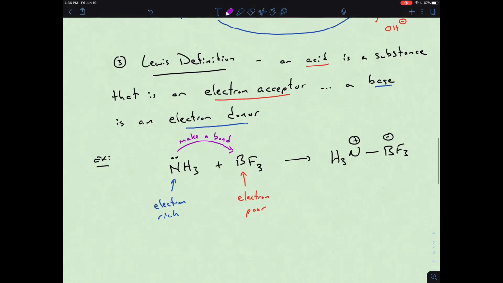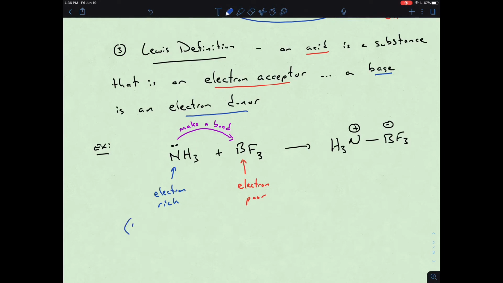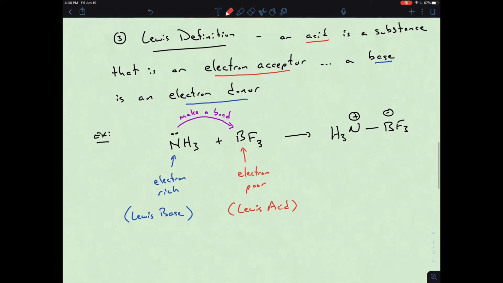And so by that nature, that means the ammonia is our Lewis base, because it's the electron donor, and the boron trifluoride is our Lewis acid. So those are the three different definitions that we have.